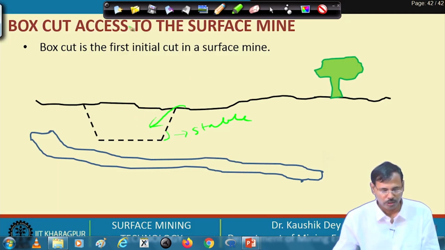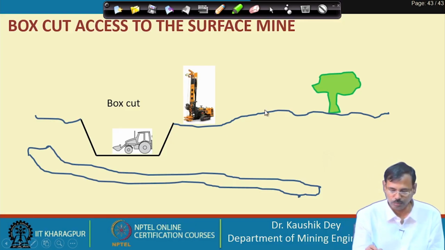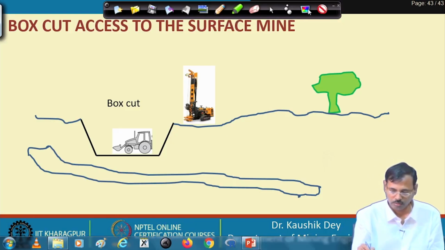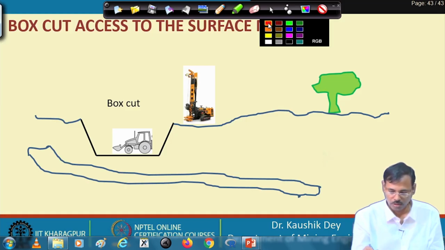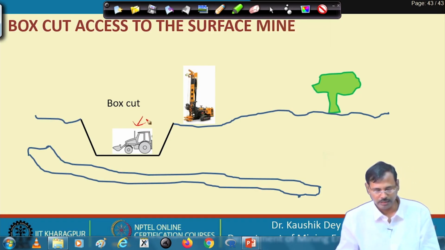In another way, you can say the box cut is also the opening made so that we can go for lowering the machine into the lower bench. So, this excavation is made so that we can lower this machine at this position.